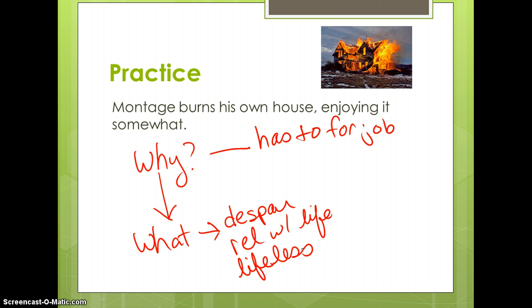He hates everything about his house. He hates the parlor room, he hates his bedroom, he hates the two separate beds, he hates his wife. So he's enjoying destroying what it is he doesn't like. So even though this is a terrifying experience for him, he enjoys burning it because it's symbolic of his destroying that in his life which he just can't stand anymore.